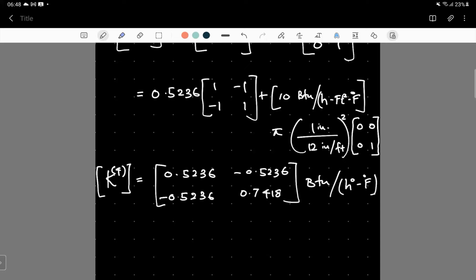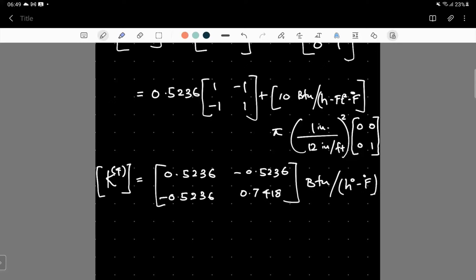Analogous to displacement in the heat transfer problem is the temperature. Element stiffness matrices we have found, and we need to obtain the element force matrices, the F values.